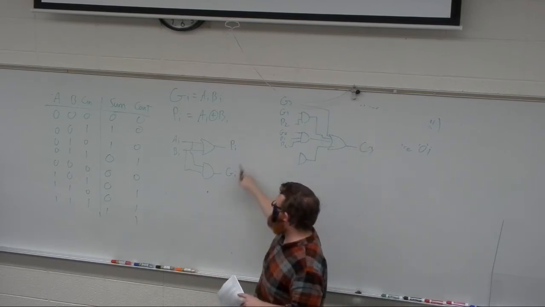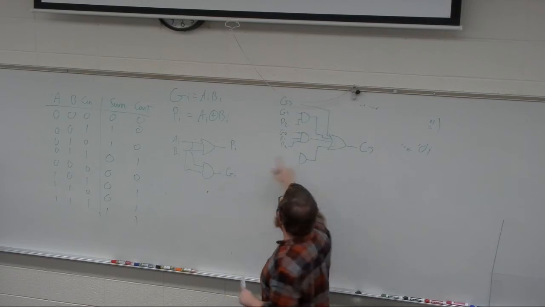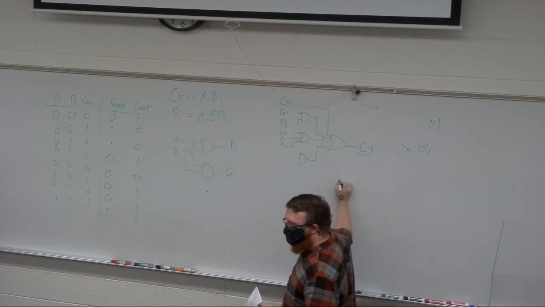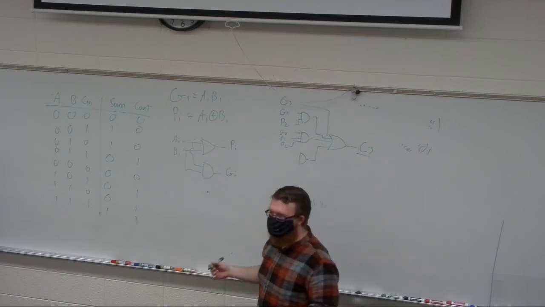So I have a propagate bit, generate bit that is used to calculate if I have a carry or not. And then we can use that simple XOR that I talked about for the sum.